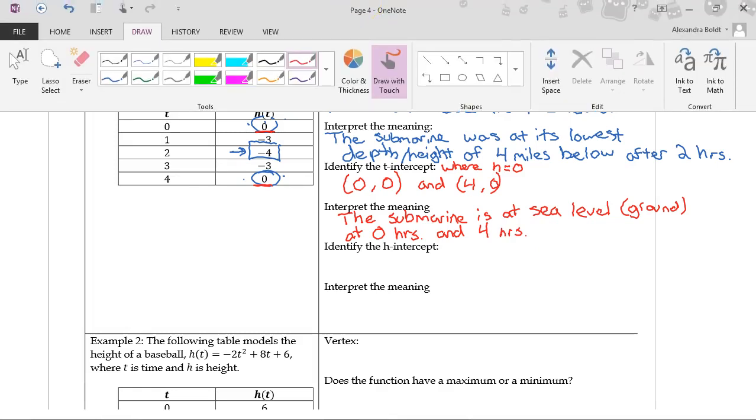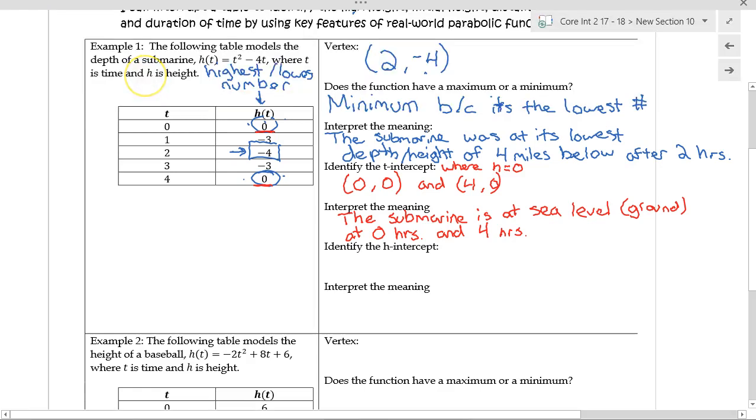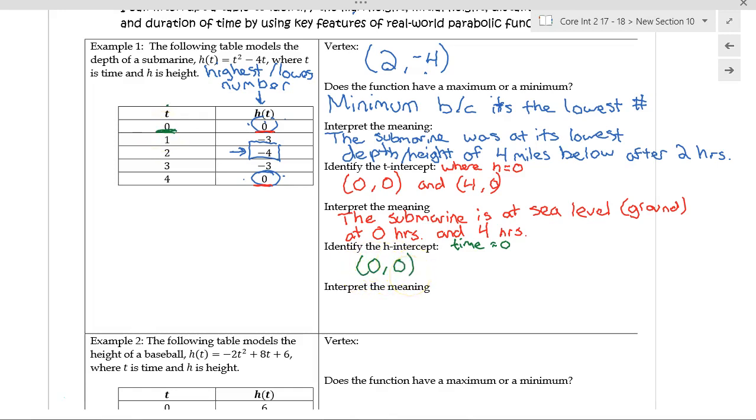Identify the h-intercept. Remember, your h-intercept is where time equals 0. I'm going to look under time. 0 here. (0, 0). Interpret the meaning. Again, where time equals 0 is our initial.